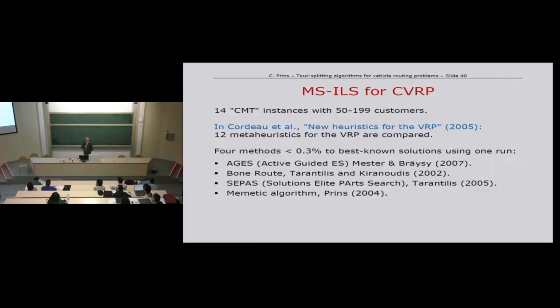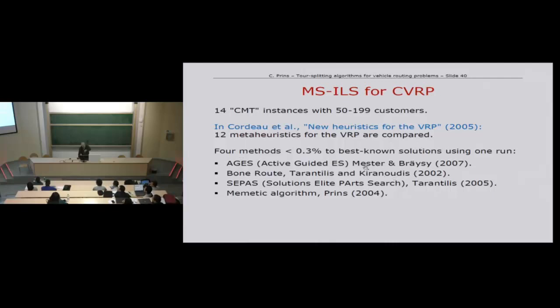So we use 14 classical instances with 50 to almost 200 customers. And at that time, there were three metaheuristics with a deviation smaller than 0.3% to the best known solution, with only one run. It's important because if you do a lot of runs with a randomized algorithm, maybe you can improve the results, but after 10 days of computations, it's cheating, I think.